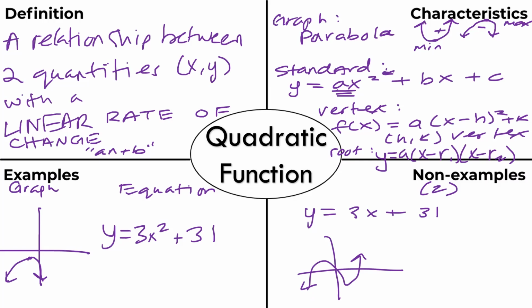Is that an example of a parabola? No, it is not. A parabola is made up of 1 curve, not of 2 curves. Right? All right. Do we see that? So your examples could be anything as long as you are reiterating what the characteristics and definition are.